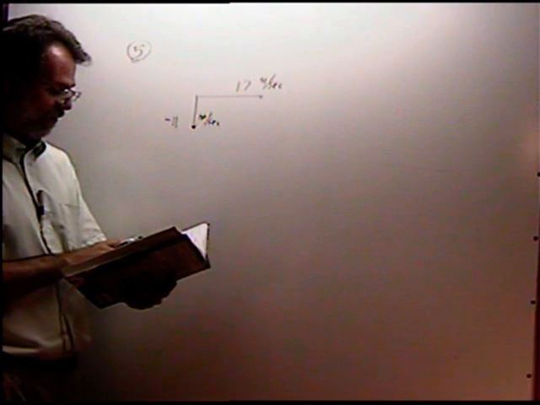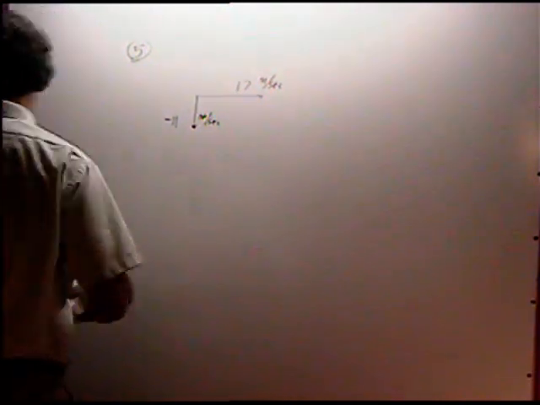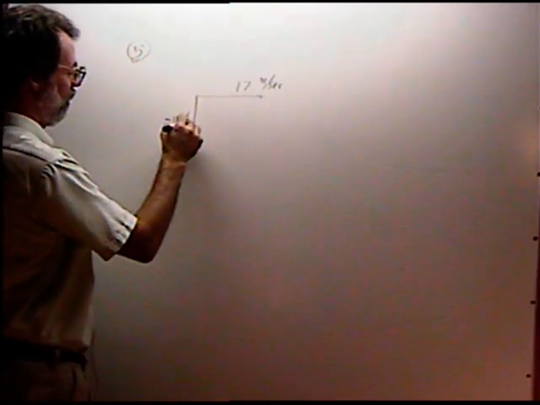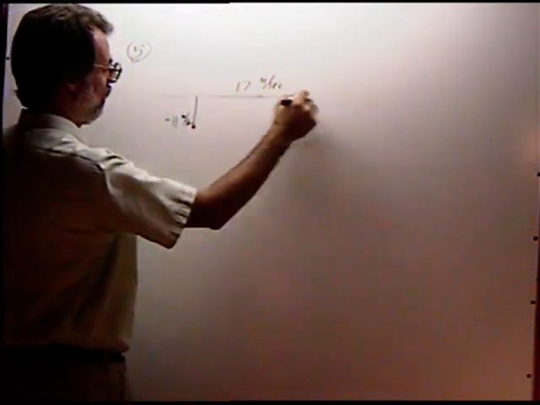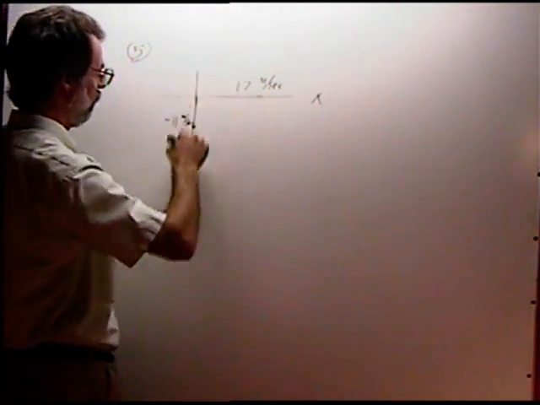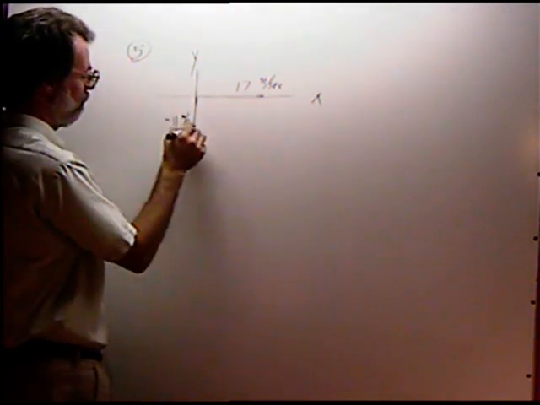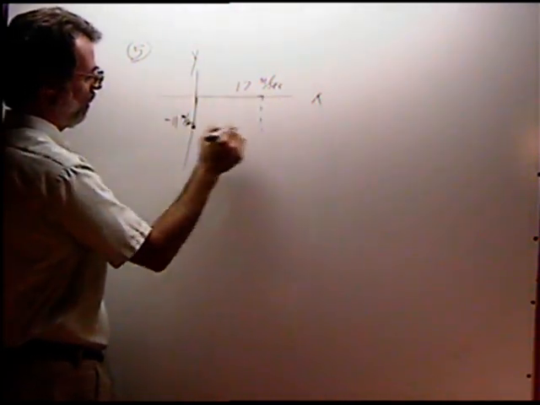What are the magnitude and direction of the velocity vector? In this case, the problem is giving you the x and y components. We have an x-axis and a y-axis, plus 17 over here and minus 11 here.